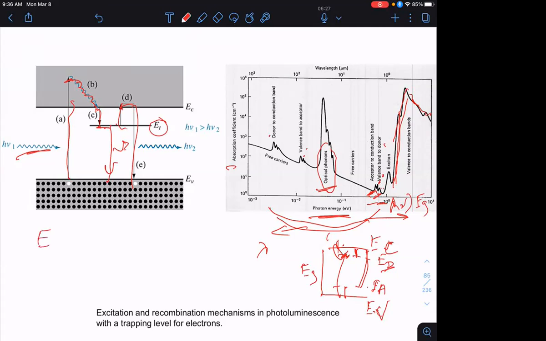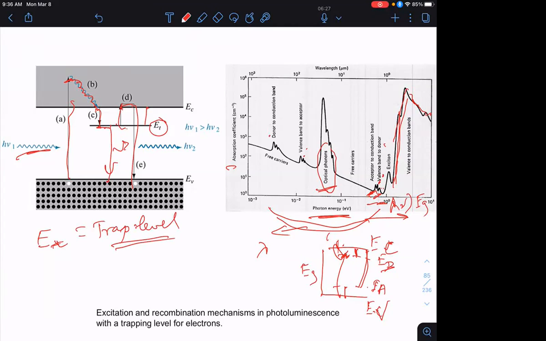The ET is the so-called trap level. And these are energy levels that are introduced in the band gap by different kinds of impurity atoms or defects, okay?